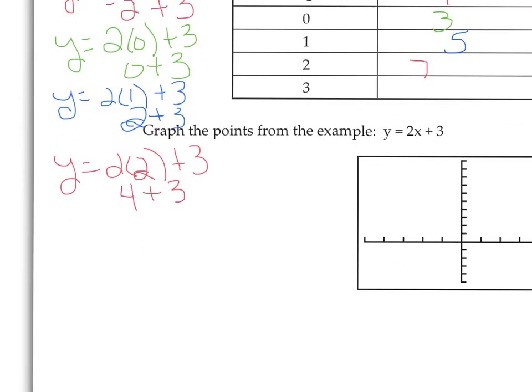And y equals 2 times 3 plus 3, which is 6 plus 3, which is 9. So those are our ordered pairs.